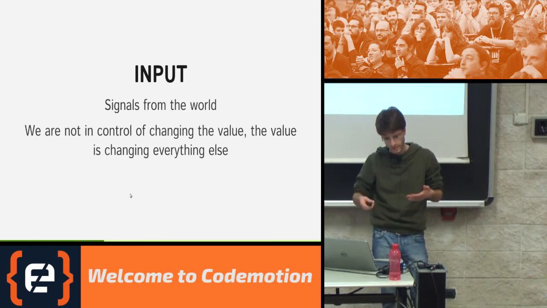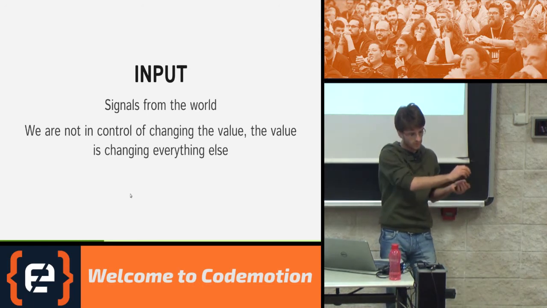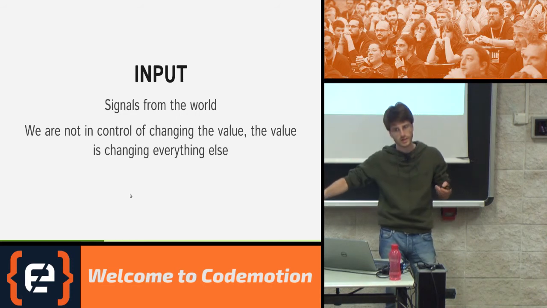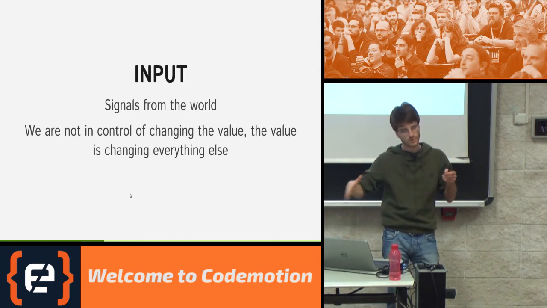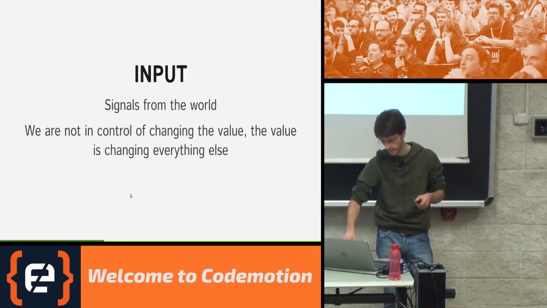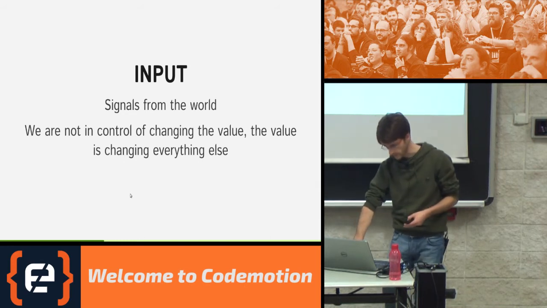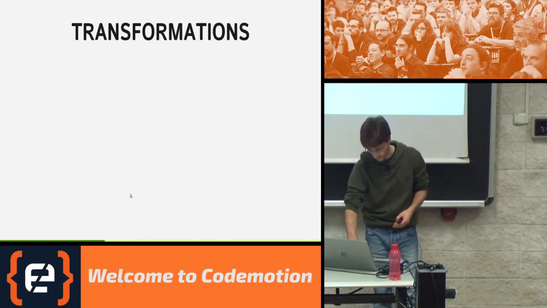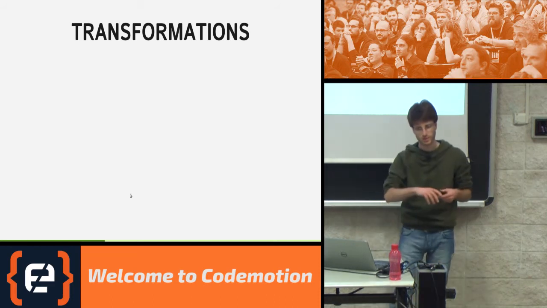So what we can do is not take one thing and move it somewhere else. We just say, okay, there is this relation between these two things, and the value will flow through our application by itself. To make this flow happen, we usually need to define some transformation.